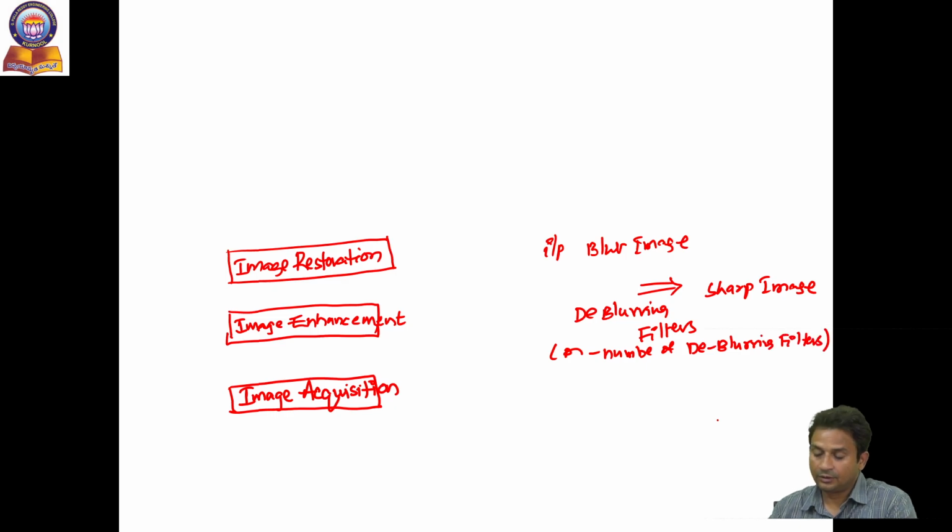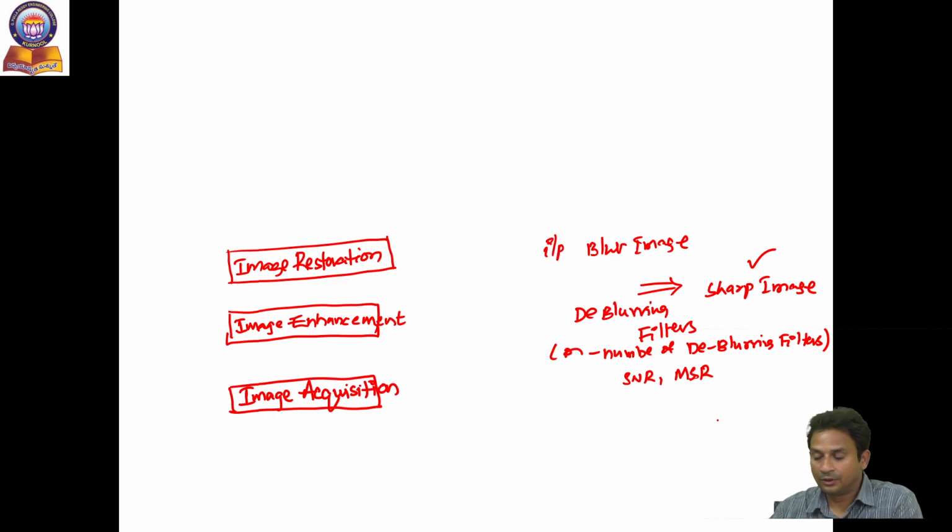If you want to decide which filter is good for creating a sharp image, we use the concepts of signal to noise ratio and mean square error criteria. We calculate these two parameters for each case: for filter 1, filter 2, filter 3, we calculate SNR and MSE.